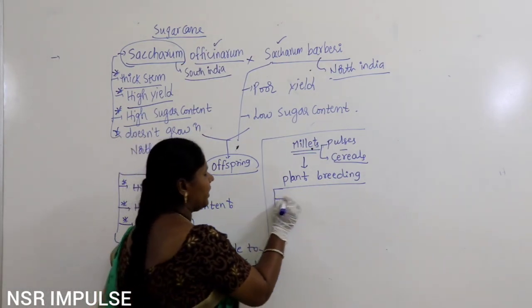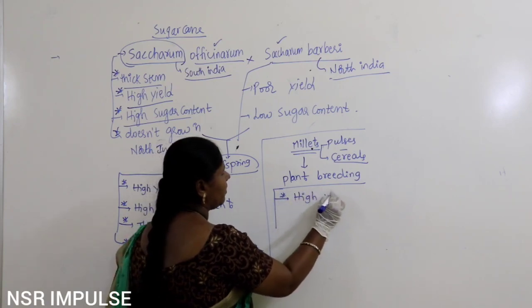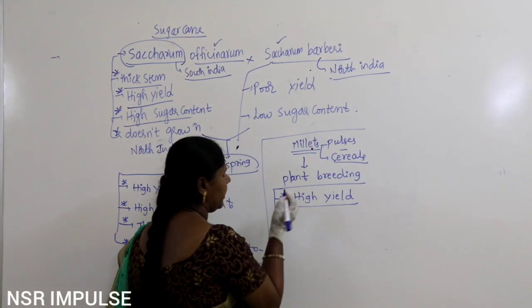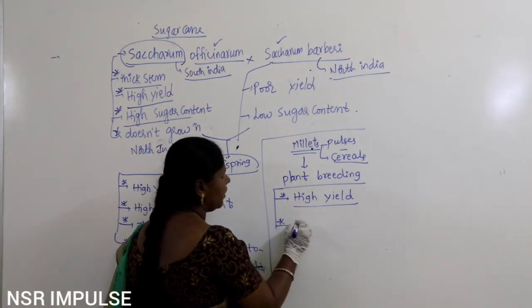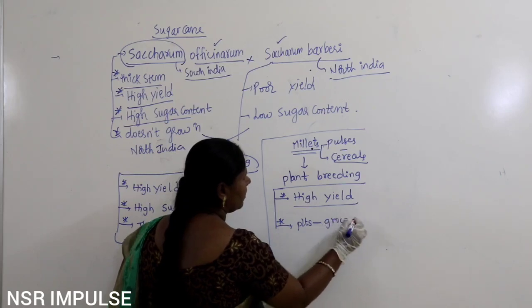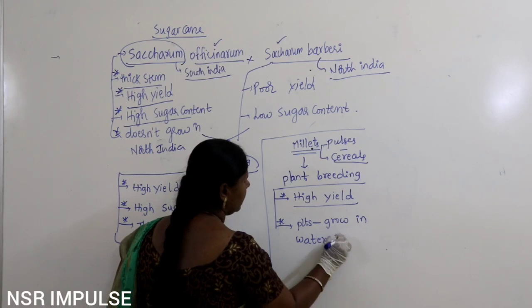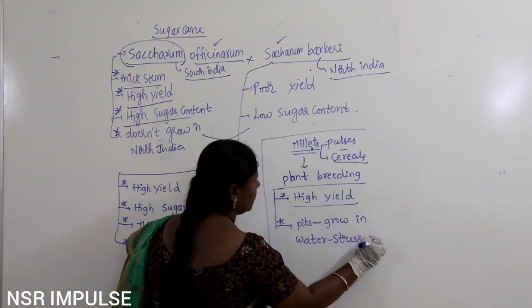What are the desirable characters? The first requirement is met, that is getting a high yield, and the plants are able to grow even in water stress environments, even in water stress conditions.